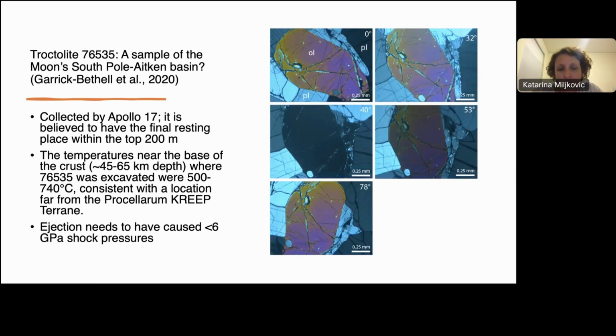The composition is consistent with being far away from the near side of the moon. And again, I'm parroting back some of what was given to me as physical parameters to work with for the sample. The ejection process would have caused basically no shock to it.